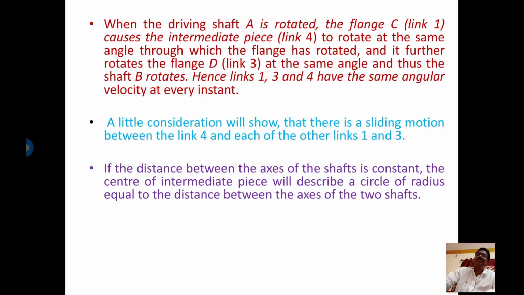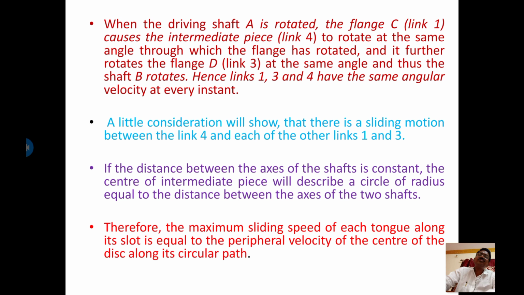If the distance between the axes of the shafts is constant, the center of the intermediate piece will describe a circle of radius equal to the distance between the axes of the two shafts. Therefore the maximum sliding speed of each tongue along each slot is equal to the peripheral velocity of the center of the disc along its circular path.